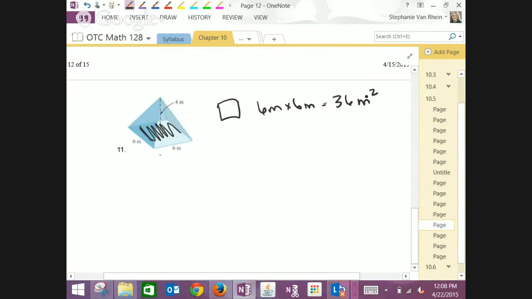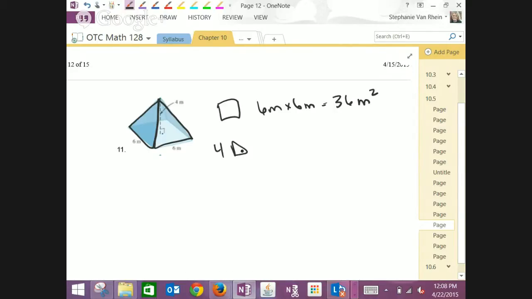That gives you the area of the base. Now, I have 4 equal triangles here. If I find the area of one triangle, I can take that times 4 and add that to the area of the base and I get the surface area.